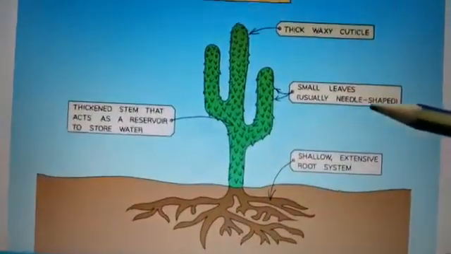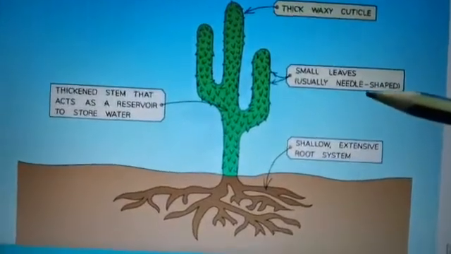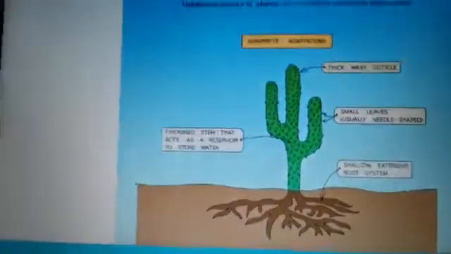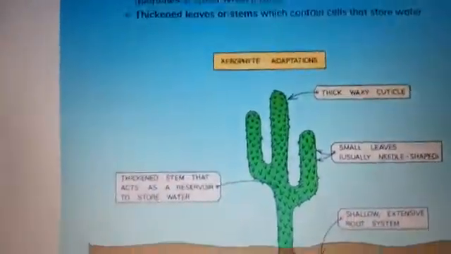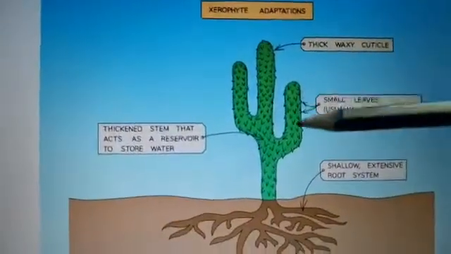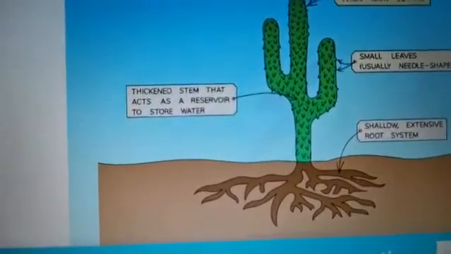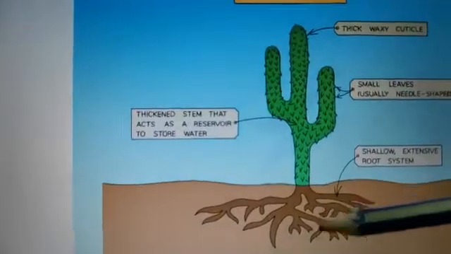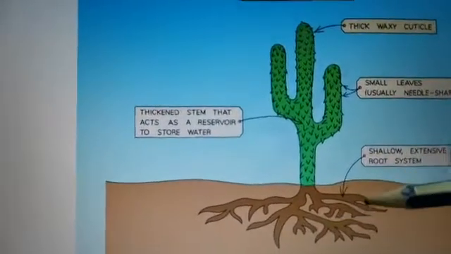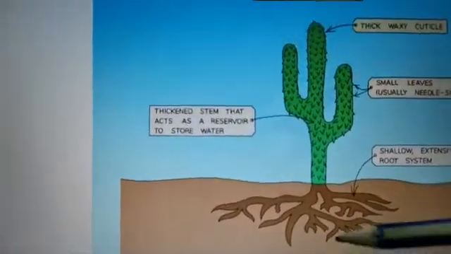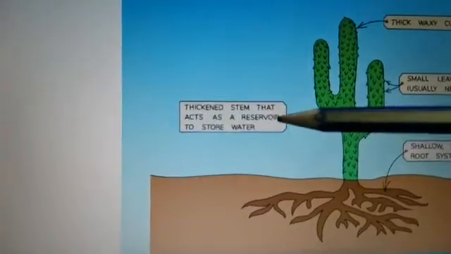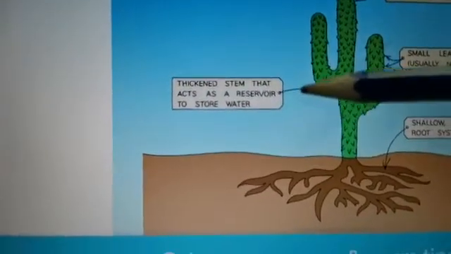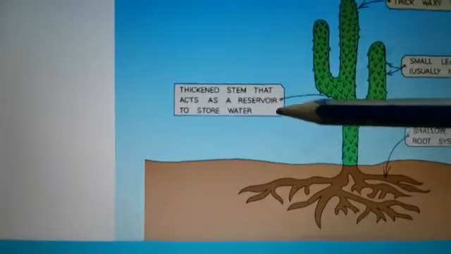They have small leaves, usually needle shaped. Then a shallow extensive root system, and a thickened stem that acts as a reservoir to store water.